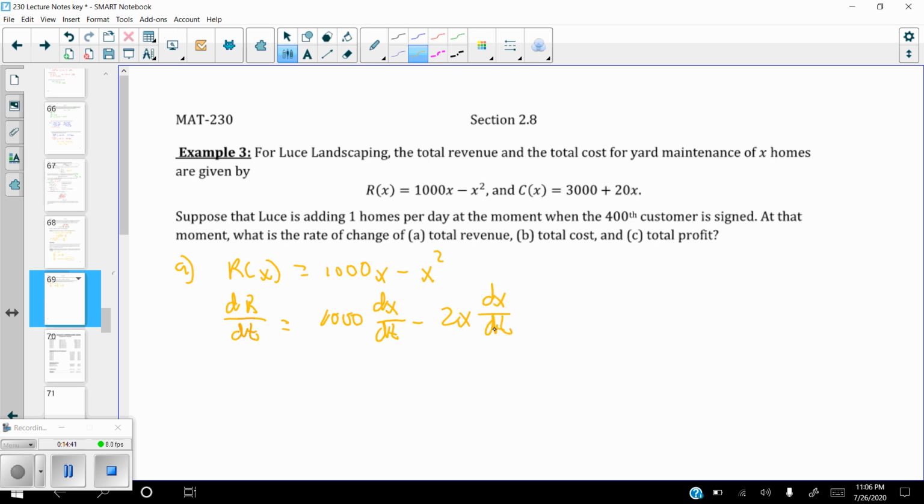Now let's make sure we have the information that we needed to figure this out. We are trying to find the rate of change of the total revenue. So let's see, we know that the x value is 400 because we're talking about the 400th.